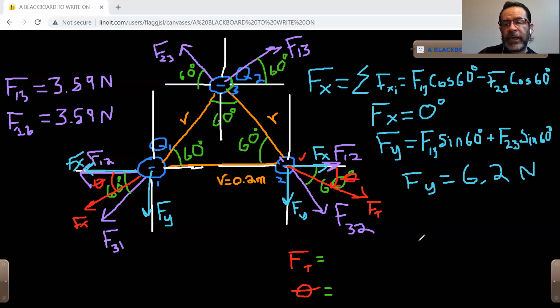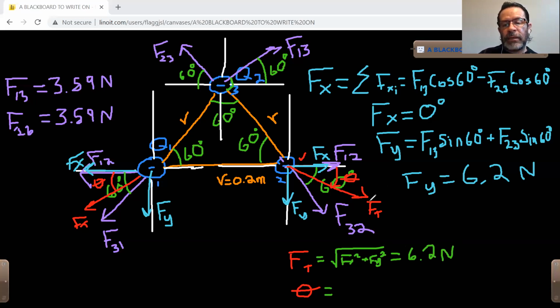Ft then is going to be the same way we calculated, the square root of Fx squared plus Fy squared. Since we don't have an Fx, it's going to be 6.2, which is exactly the same force we calculated before, but now it's going directly upwards.